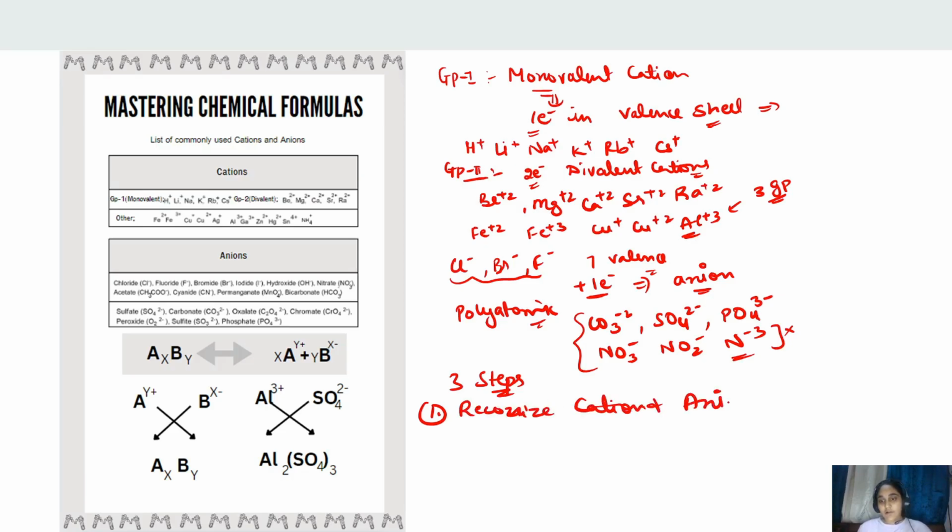First of all, what is given to you? You must recognize the cation and anion. Then the charges on the cation and anion, and then third is to balance the charges of the cation and anion.